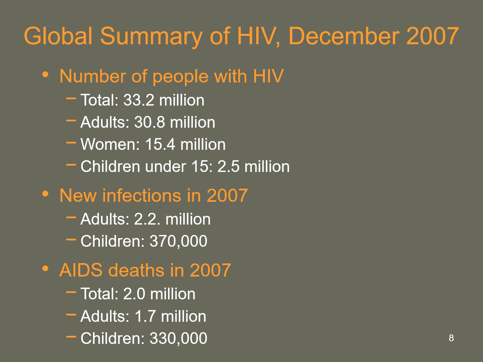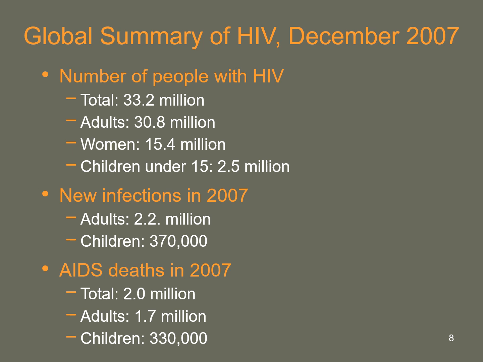Global summary of HIV by December 2007. Number of people with HIV, total 33.2 million; adults 30.8 million, women 15.4 million, children under 15 years 2.5 million.